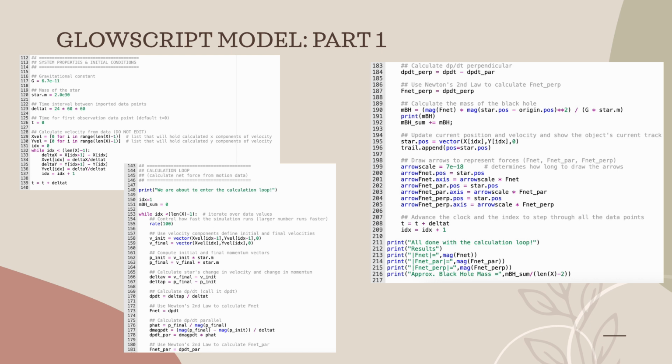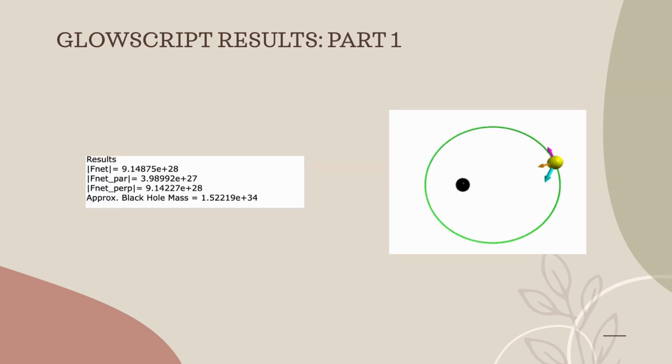We also calculated F net parallel and F net perpendicular, and then created a little model in GlowScript that you can see right here. So we calculated F net final, the parallel and perpendicular components of F net, and from that we were also able to get the approximate black hole mass, which you can see on the left side over here, and then on the right side is just a model of this scenario.